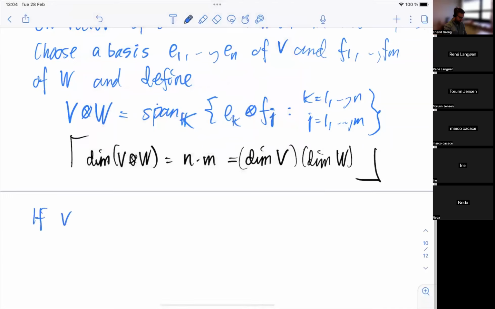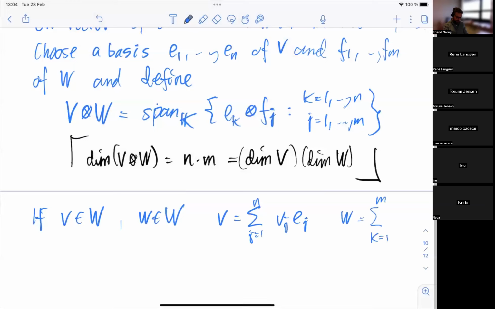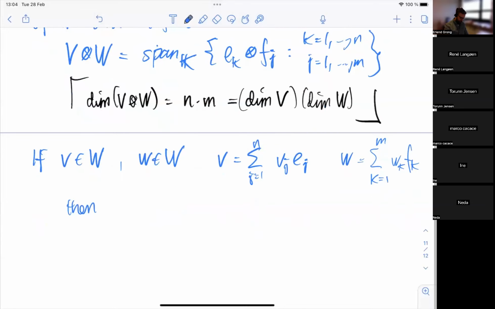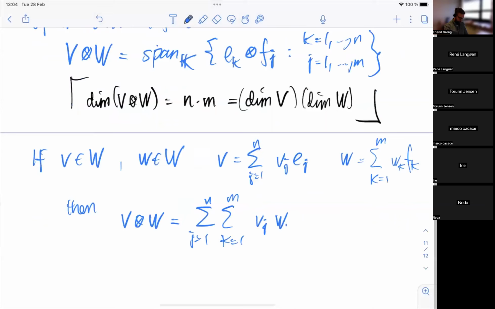So if v is an element in V and small w is an element in large W, we write v as a sum over j from 1 to n, vj Ej, and w as a sum k from 1 to m, wk Fk, then v tensor w is the sum j equal 1 to n, k equal 1 to m, vj wk Ej tensor Fk.